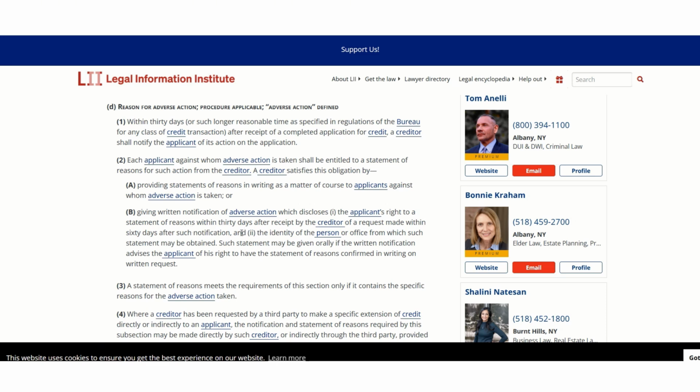Right? So, right here is saying that after they give you a written disclosure of the applicant's rights to a statement of reasons within 30 days after. Hold on, let me read that again.